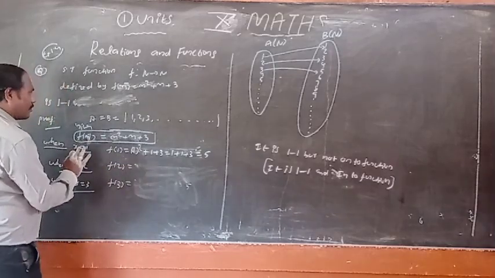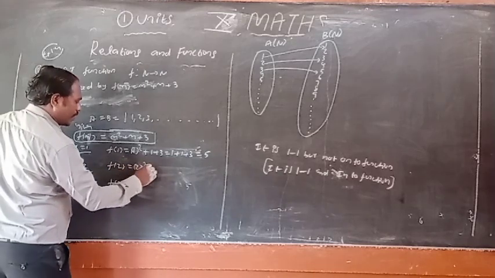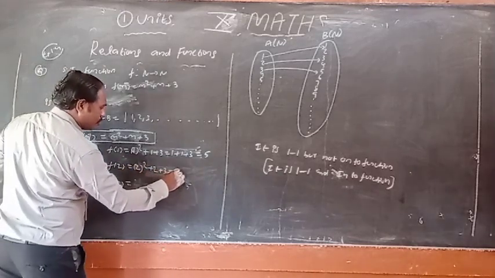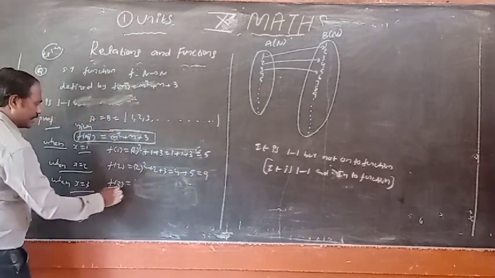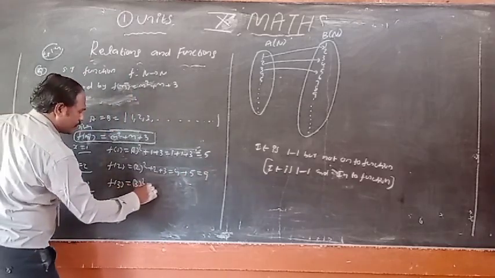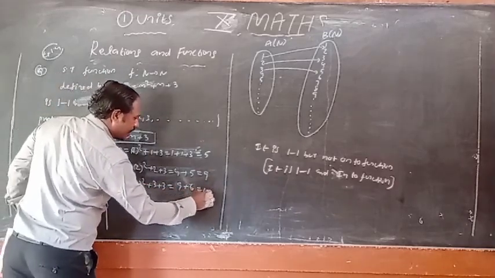x equal to 2, substitute. m equal to 2, substitute. x means m, that's all. x equal to 2, substitute. 2 square plus 2 plus 3. So 4 plus 3 plus 2, 9. Next 3, substitute. 3 square plus 3 plus 3, 9 plus 6, 15.